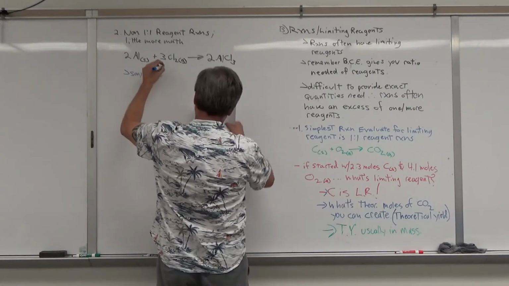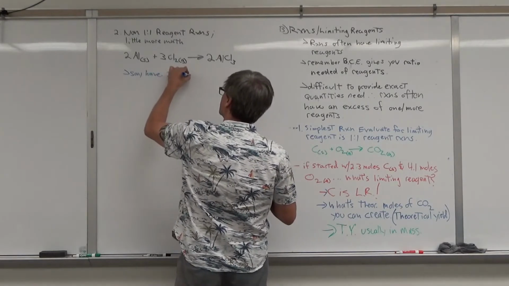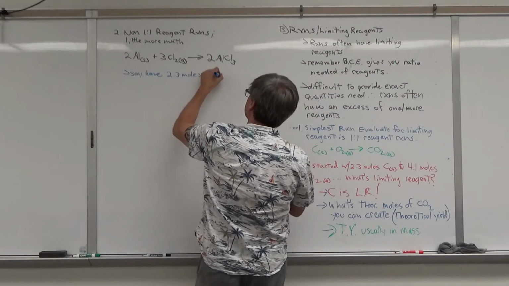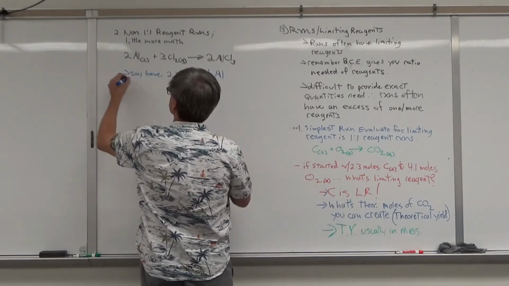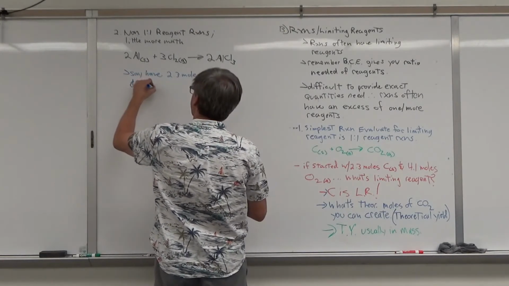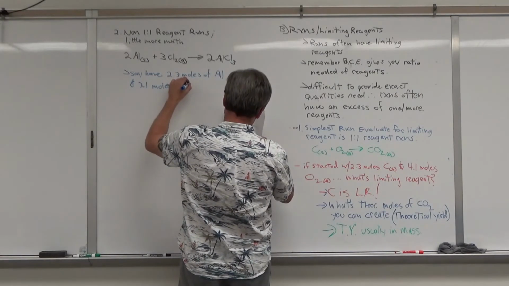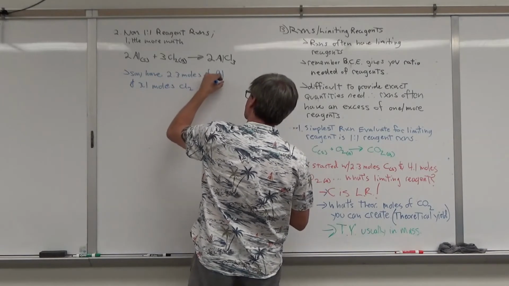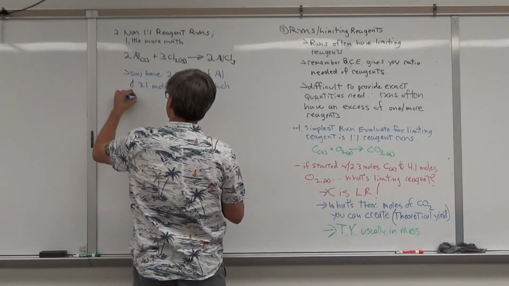Say you have 2.3 moles of aluminum and 3.1 moles of chlorine. Which is the limiting reagent?